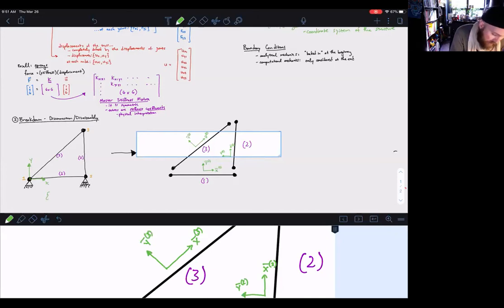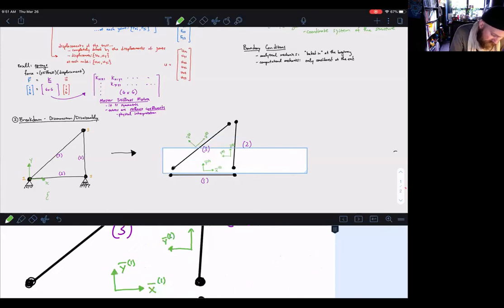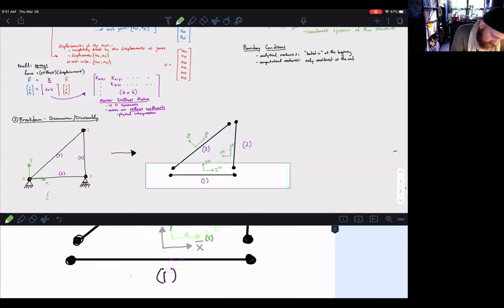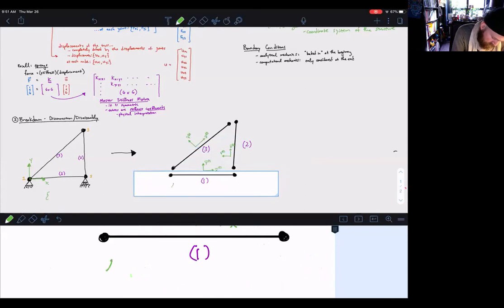And so now I want to make it clear that I'm referring to our local coordinate system. And we'll write this as x bar of a generic element, y bar of a generic element.